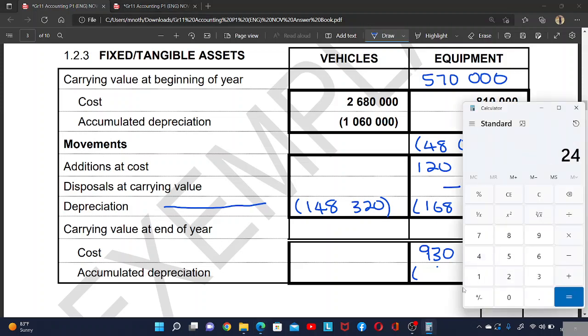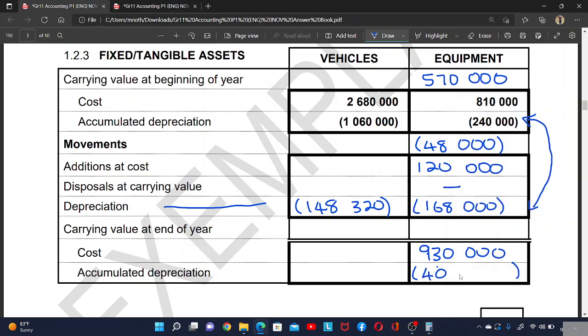So it's 240 plus 168,000, which is equal to 408,000. So to get the carrying value, you say 980 minus 408, which is going to give you 522,000.